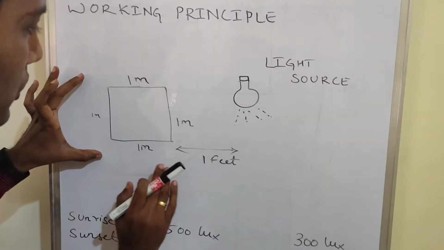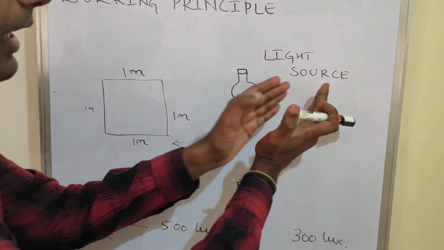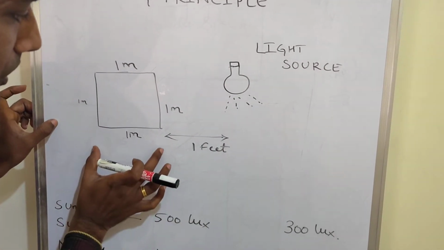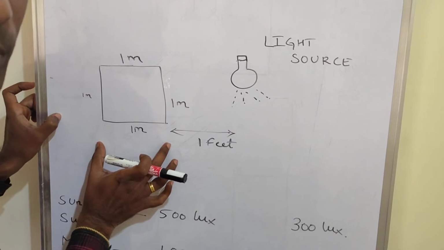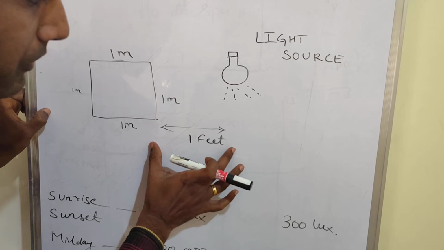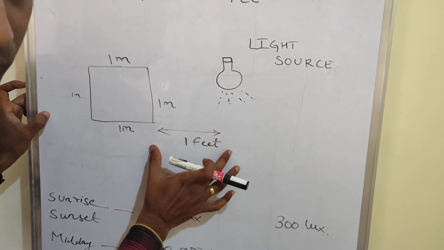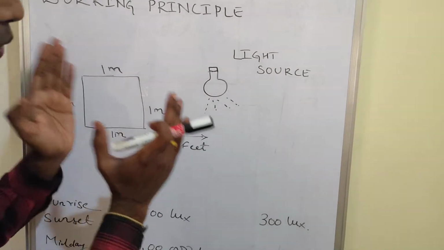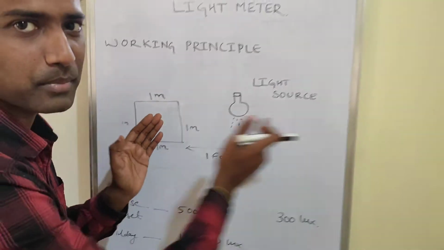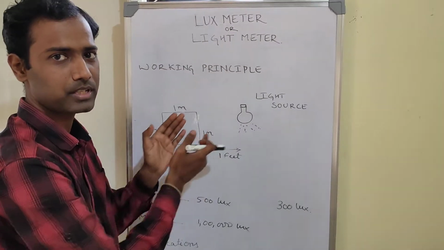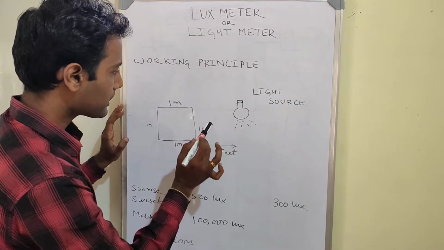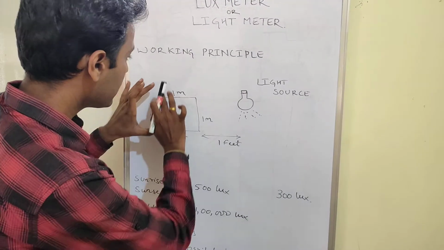This is a 1 square meter area and this is a light source, and the distance between the area on which we want to measure the light intensity and the light source should be 1 foot. This is the ideal case for 1 lux, this is the definition. Definitely it can be more than this, and that is why we measure at any distance. So 1 lux is defined like this.